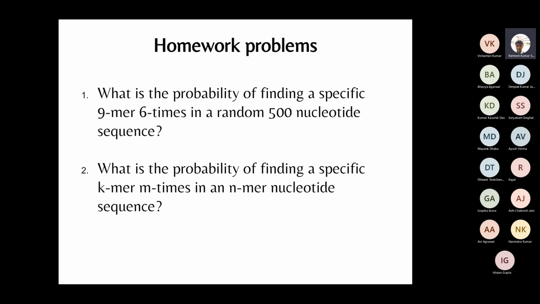Okay, so sir, the first answer will be 492 upon 4 to the power 9 plus 8 into 6. And the second will be n minus 4 to the power 9 plus 8 plus 8, and the whole into 6. Can probability be larger than 1?